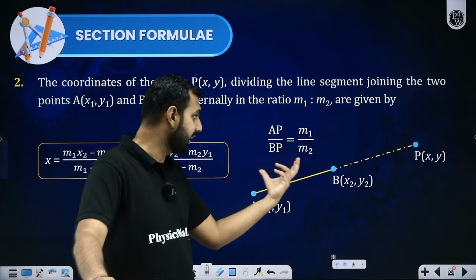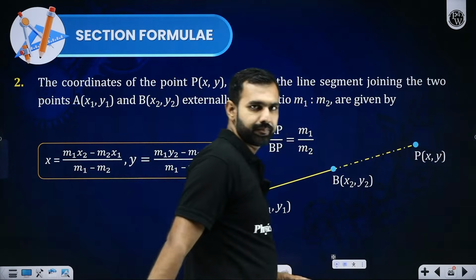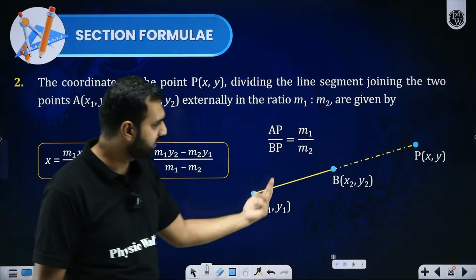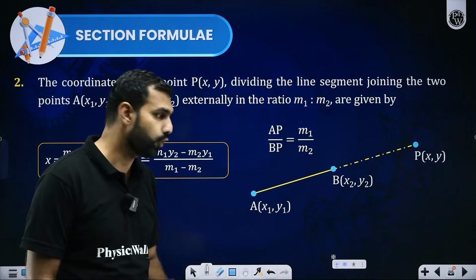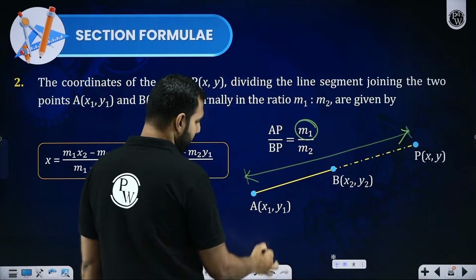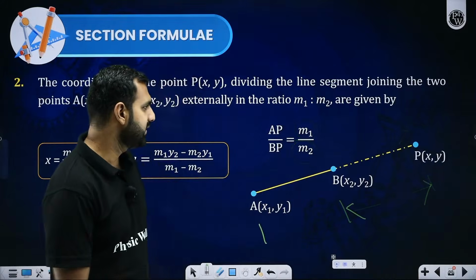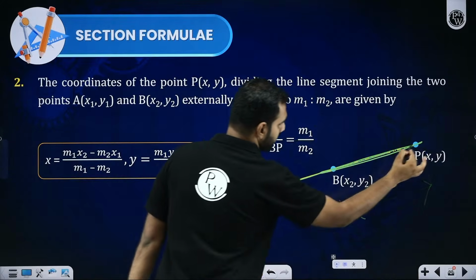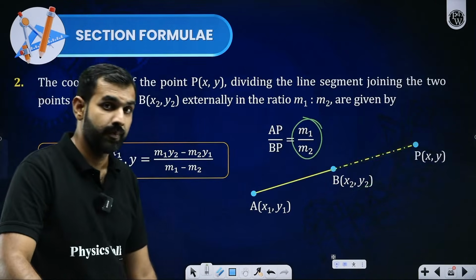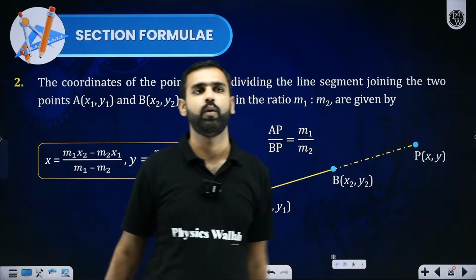External division means this is the line segment created by joining AB, and there is an external point P, which is either on the right hand side of B or on the left hand side of A. In this case, let's say right hand side of B. If I find this distance AP to be m1, and then BP to be m2, this ratio AP upon BP will be m1 is to m2. Now, if it is an external division, in that case also you can find this (x, y).